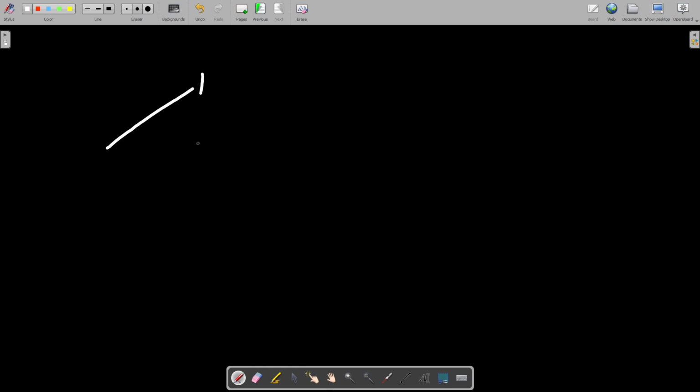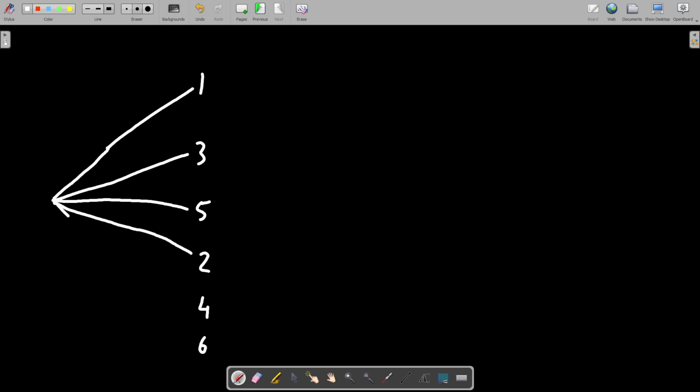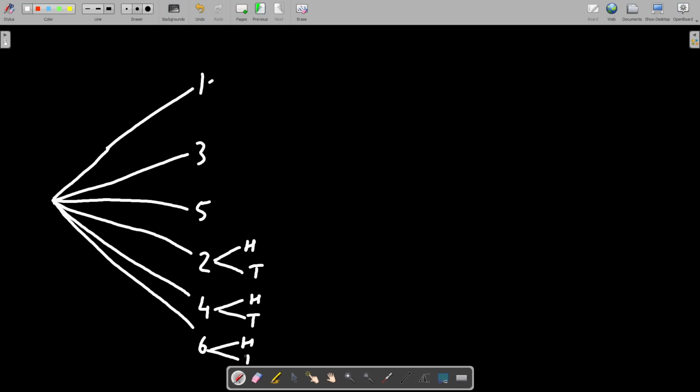So I roll a die, and I'll write the odd numbers separately. Now if you get an even number, you have to toss a coin only once, so this will lead you to H or T. But if you get an odd number, you have to toss it twice.